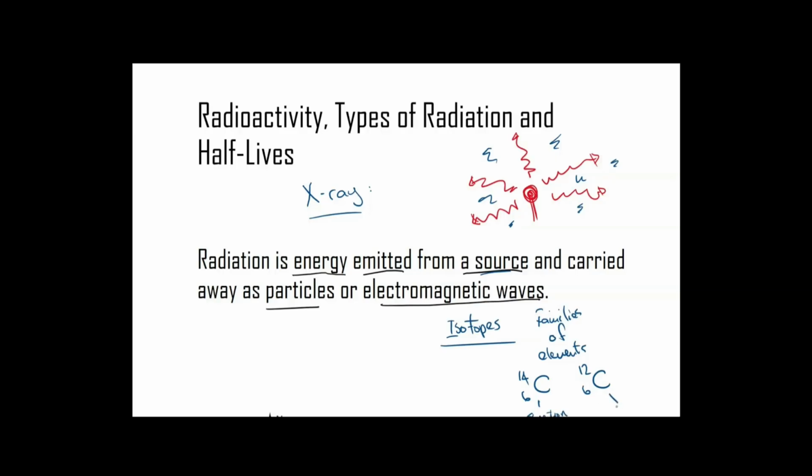And this carbon 12 has 6 neutrons. So these are both carbon, but they have different amounts of neutrons. And different elements have different numbers of isotopes. The particles that are going to be thrown off, or the electromagnetic waves that are going to be thrown off, are what we're going to be looking at in this video.